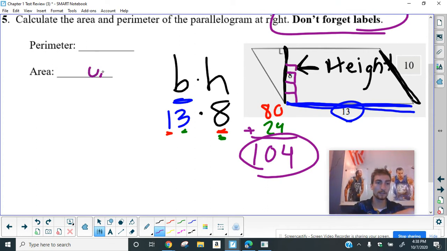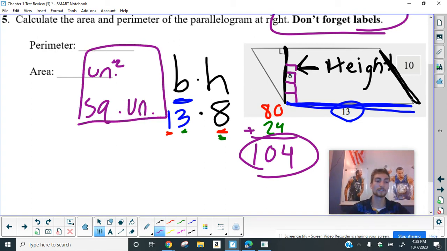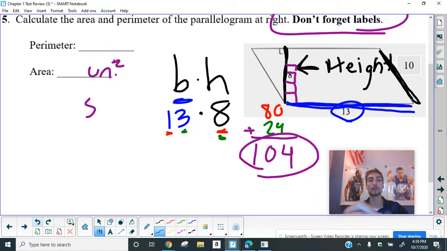So I'm going to say units with a 2 up above for units squared. Or you could simply put square units. Whatever you want to do, either of these would work for symbol. And then we're going to look at perimeter. So I got 104 units squared. Great.